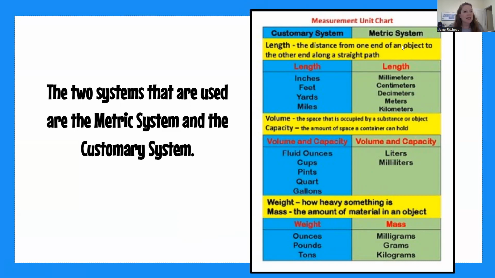On the right side of the chart is the metric system. You've probably converted these before, maybe last year in 4th grade. Most of the world uses the metric system. There are just very few countries that actually use the customary system, and the United States is one of them.